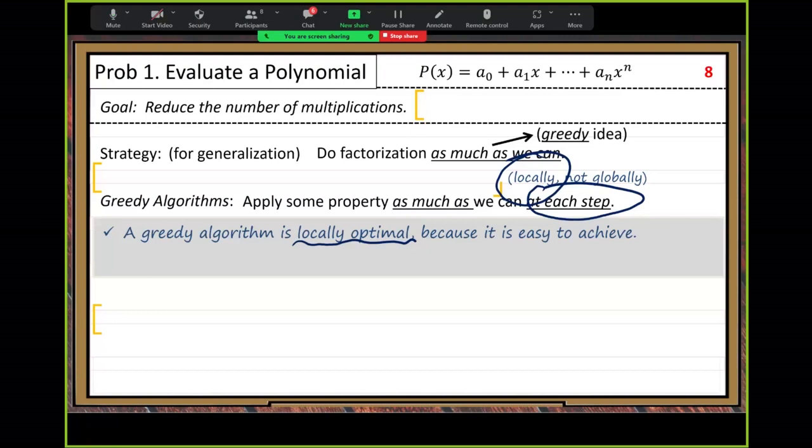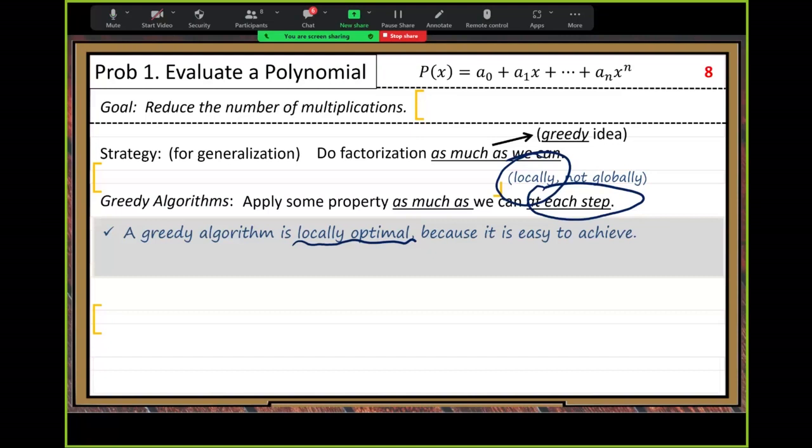Global optimality means you need to consider all the steps globally. Local optimality does not guarantee global optimality. Although your decision is optimal at each step, if you consider multiple steps, then your decision may not be the best. That's the main property of the greedy algorithms.